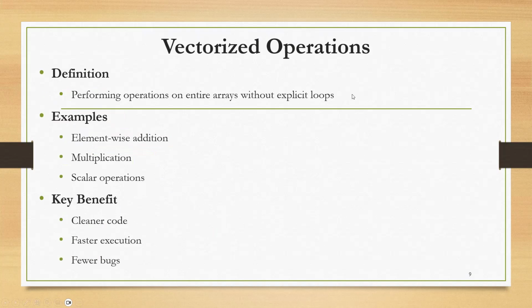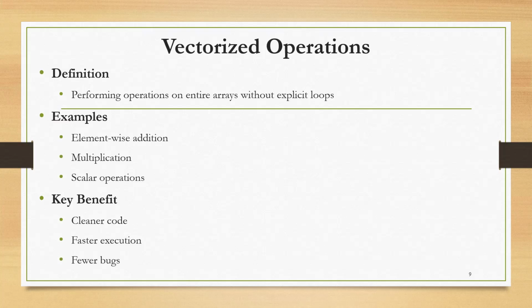Vectorized operation, that's the famous one; when we talk about NumPy, we don't miss that. As we said earlier, the definition is to perform operations on the entire content of an array without explicit loops, even with a lot of values. For example, we can use element-wise addition, multiplication, scalar operations.